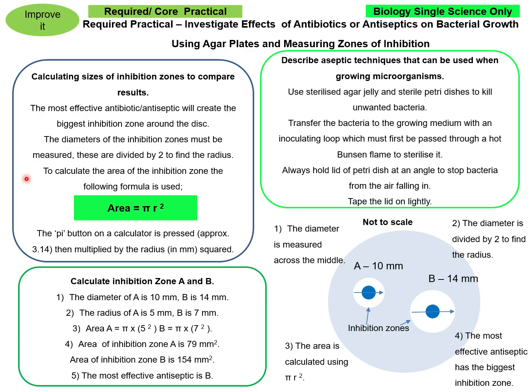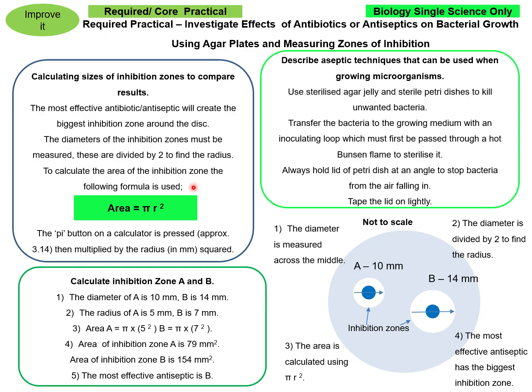And to calculate the area of the inhibition zone, the following formula is used. Area equals pi r squared. So the pi button on a calculator is pressed. That's approximately 3.14, but there are lots of other numbers after that as well. So just always use the pi button. Then it's multiplied by the radius squared. So it's the radius part that's squared only.